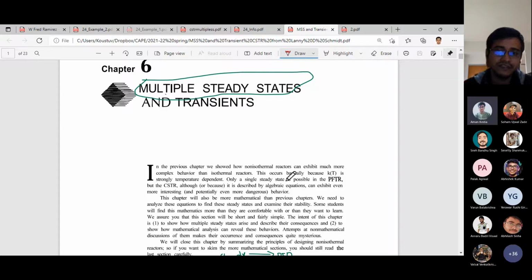So these are some of the questions that we are asking: what do they mean, that is the multiplicity of steady states. Second is why do they occur. Third is, if they have occurred, that in three cases we are getting three solutions, and all are making sense.